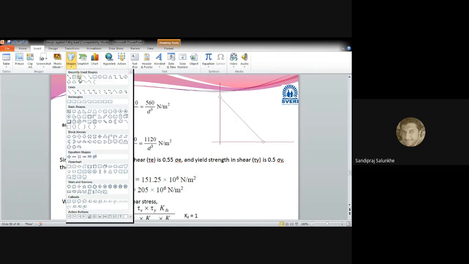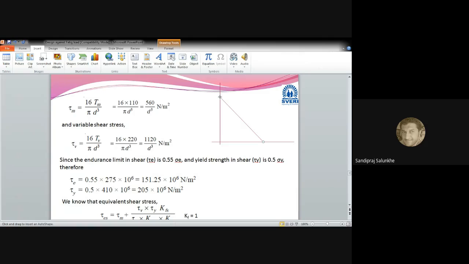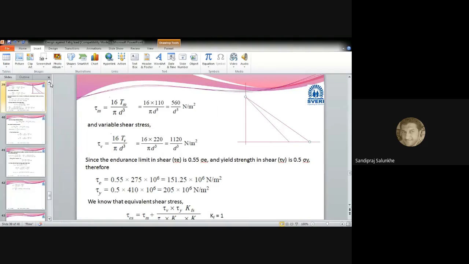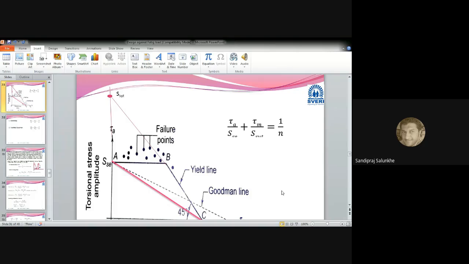This is the Goodman line. And based on that, we are going to choose either the Soderberg or the Goodman diagram. That we will decide later on. Okay. Do you remember this? Or shall I take the previous one? Yes, this diagram.